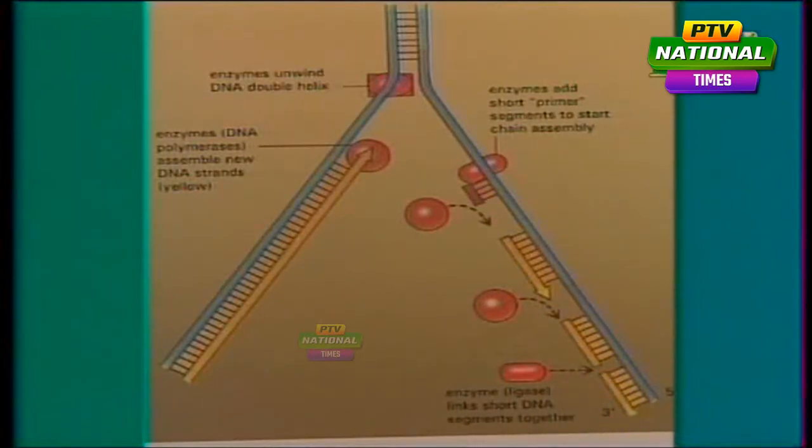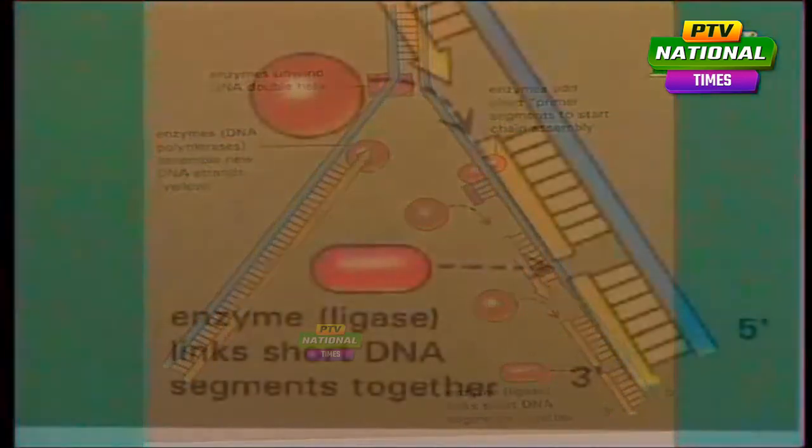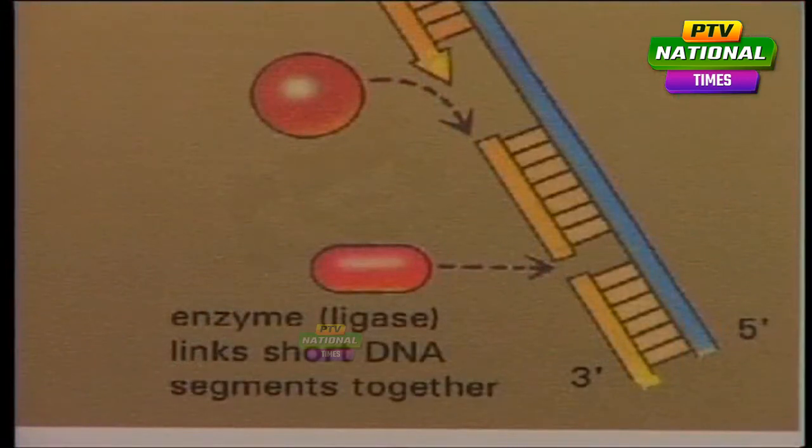Here it occurs in the form of small fragments, and these fragments are later on joined together by the enzyme DNA ligase. The replication of DNA starts from certain special sites called replication insertion sites, RIS. And on a long DNA molecule, there may be several RISs.